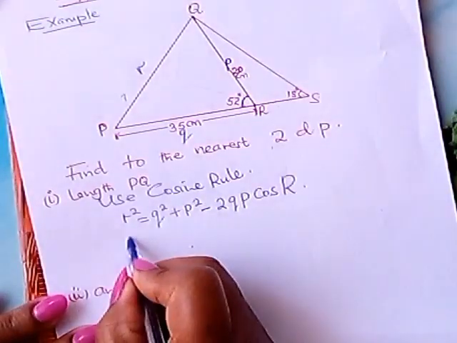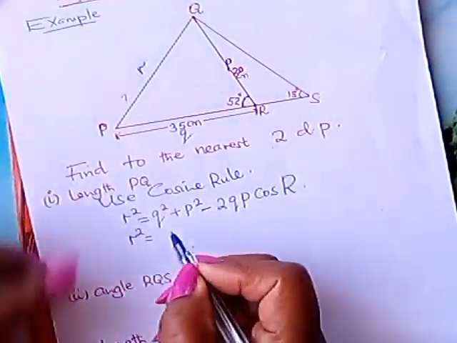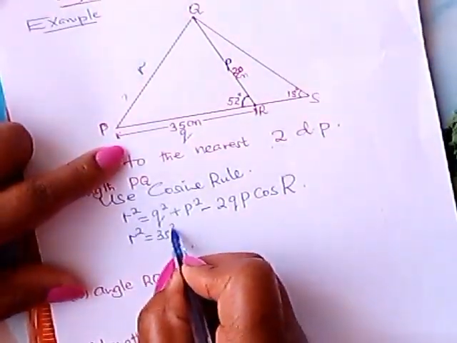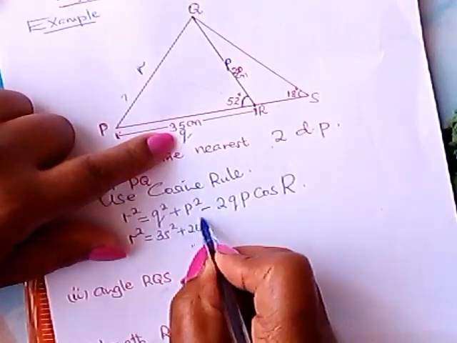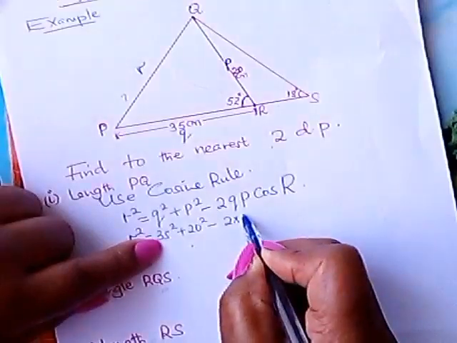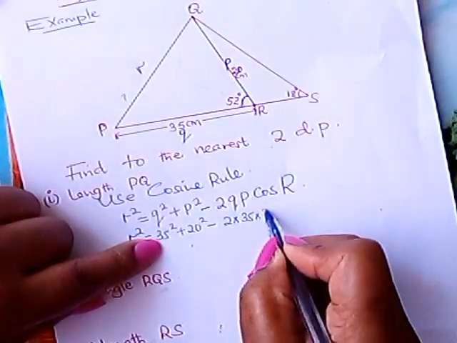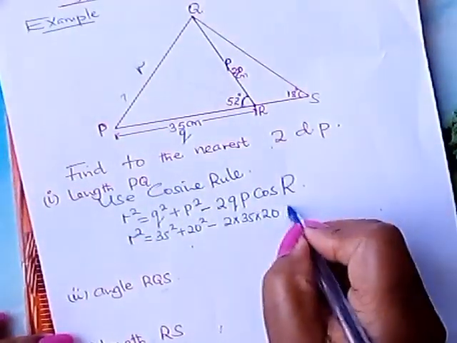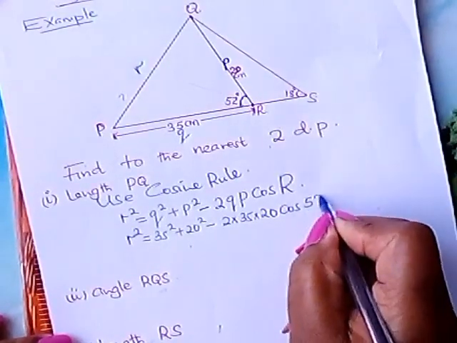So you just now substitute. r squared is equal to 35 squared plus 20 squared minus 2, learner. 35 is your q, p is 20, cos of 52.